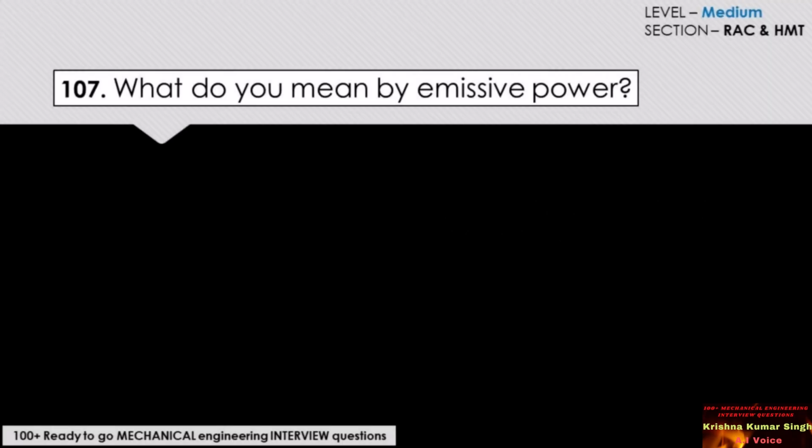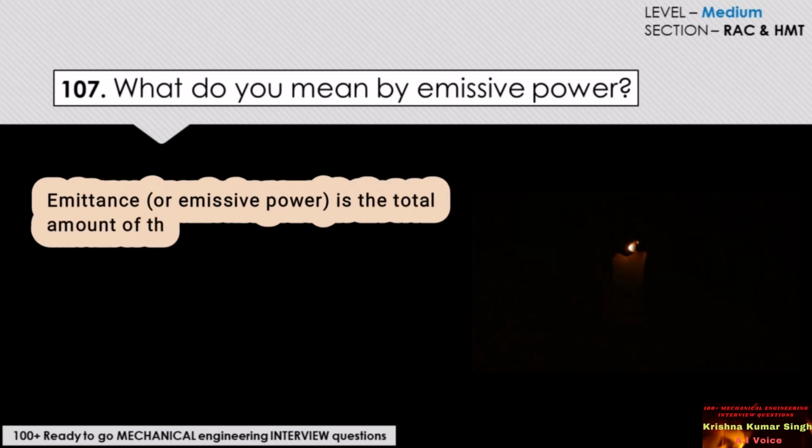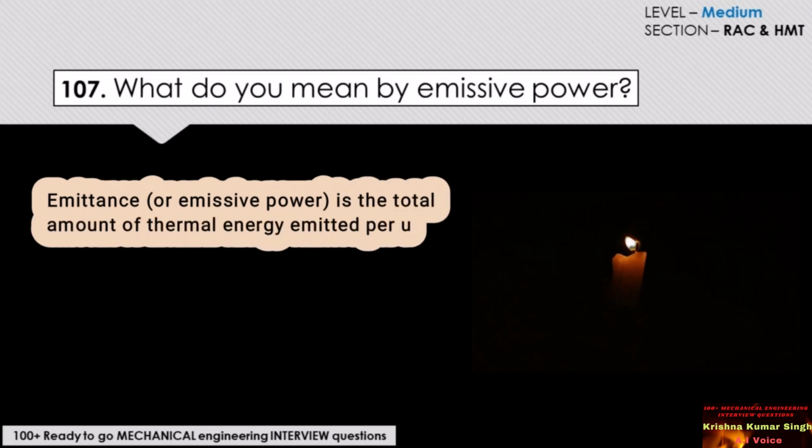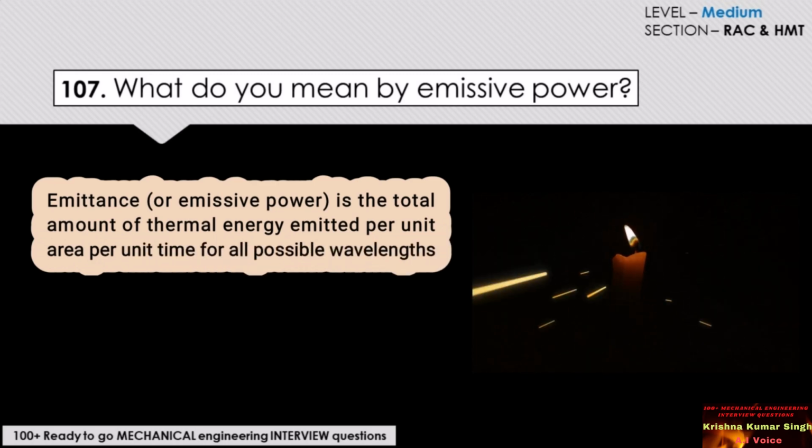What do you mean by emissive power? Emittance or emissive power is the total amount of thermal energy emitted per unit area per unit time for all possible wavelengths.